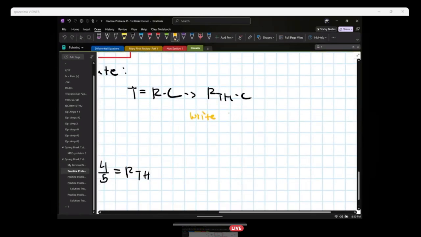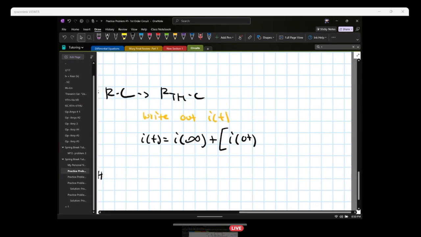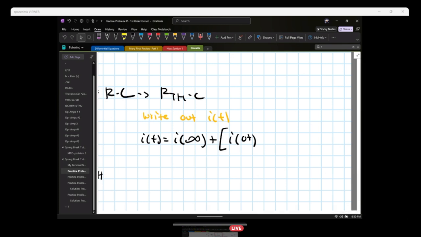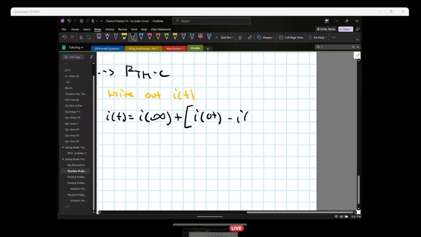Your general equation is I of t will equal I of infinity plus I of 0 plus minus I of infinity, times e to the minus t divided by tau.